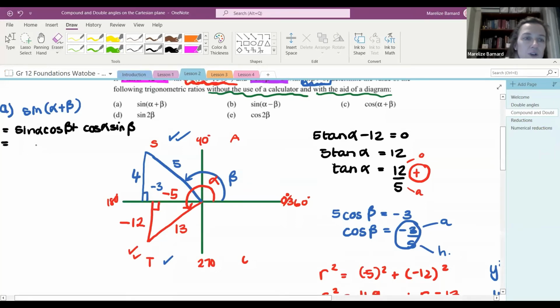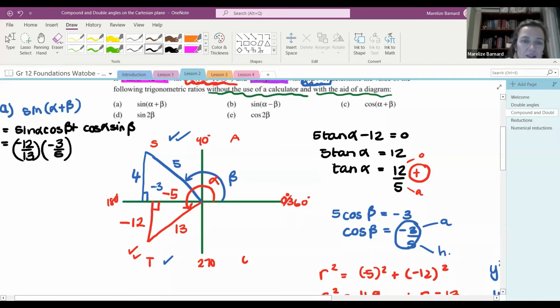And now we are going to do the ratios using our triangle. Our alpha triangle is the red one. So sine is opposite over hypotenuse. It's minus 12 over 13. Cos of beta is minus 3 over 5, and you literally just get it from your triangle. So beta is adjacent over hypotenuse. Don't get confused with the sides here.